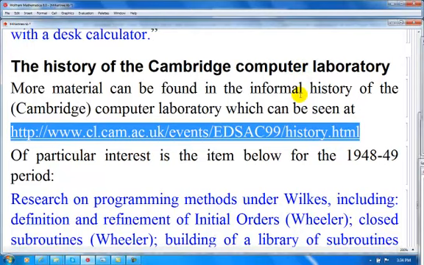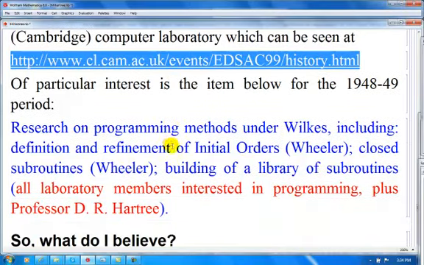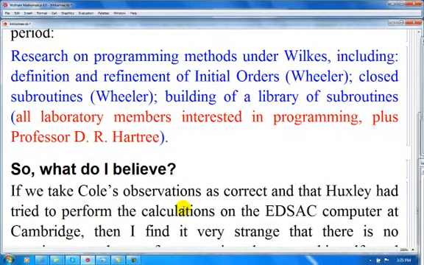Of particular interest is the item below for the 1948-49 period: "Research on programming methods under Wilkes, including definition and refinement of initial orders due to Mr. Wheeler, closed subroutines, also Mr. Wheeler, and building of a library of subroutines, all laboratory members interested in programming, plus Professor D.R. Hartree."